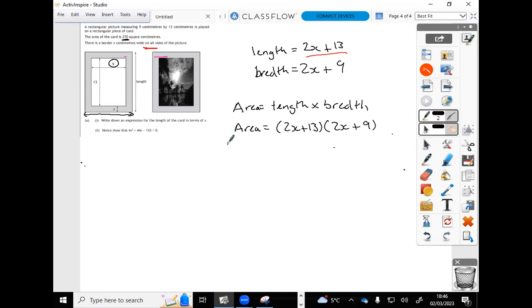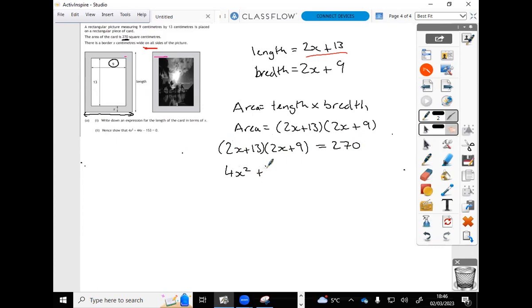Stay with me. 2x plus 13, 2x plus 9, that's multiplied, equals 270. Now we break the bracket and we tidy up and we equal it to 0. So first terms multiplied together, 4x squared.